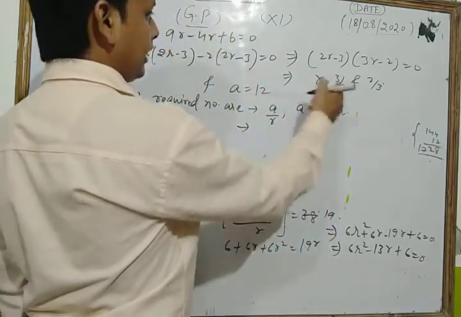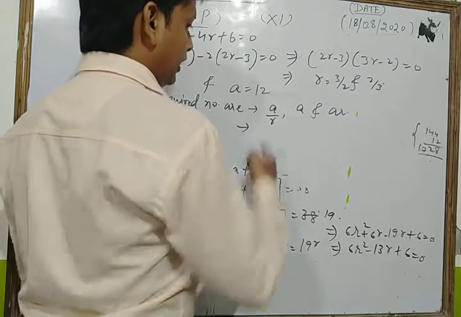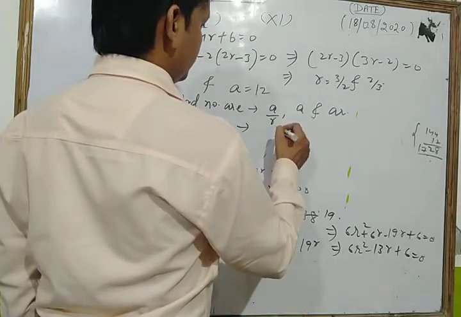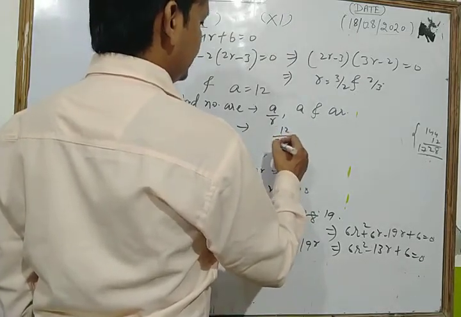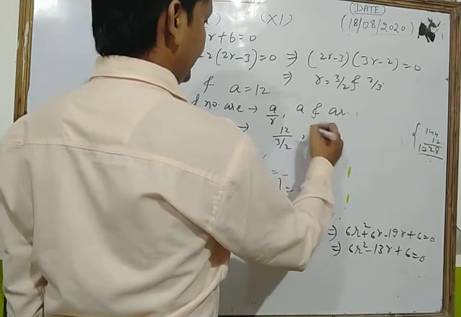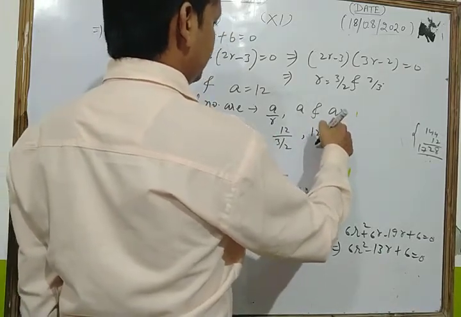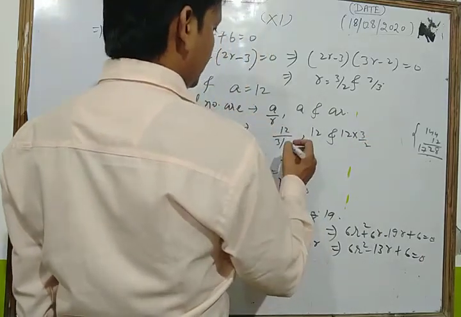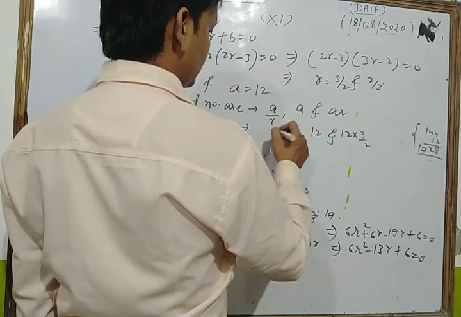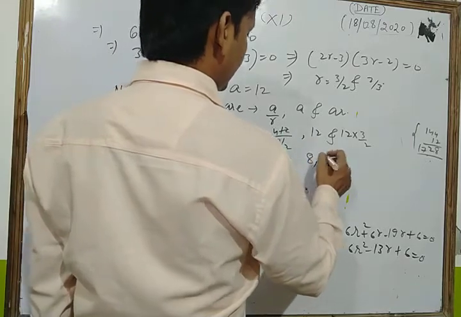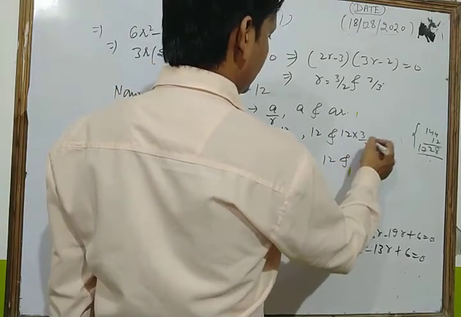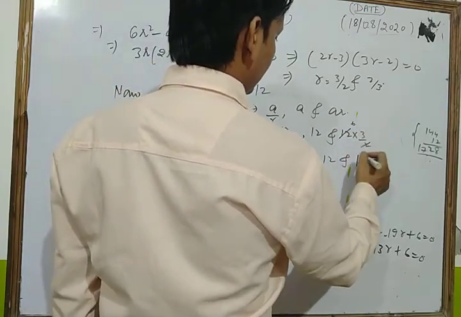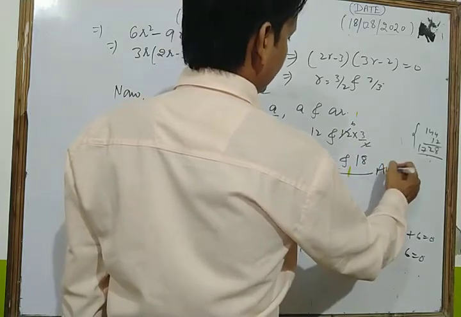Now let's see, we take r as 3 by 2. Then the value of a upon r means 12 upon 3 by 2, comma the value of a is 12, and ar means 12 into 3 by 2. So the values are 8, 12 and 18.